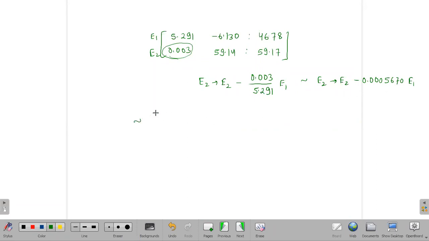So now the matrix will become 5.291, means the first row will be the same. This will become 0, 59.14 minus 0.0005670 into minus 6.130. Solve this.